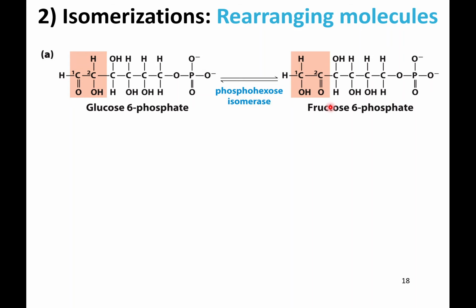This is actually one of the reactions in glycolysis, and we'll be talking more about that in chapter 14. All you're doing is moving this carbonyl group from carbon 1 to carbon 2, so you're switching the carbonyl and the OH group.